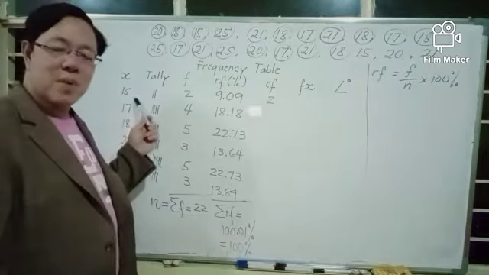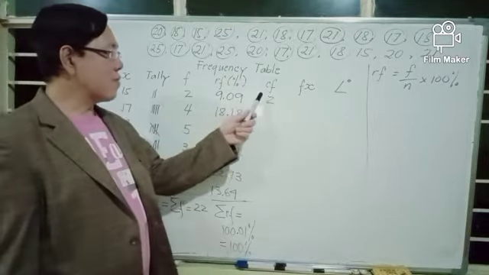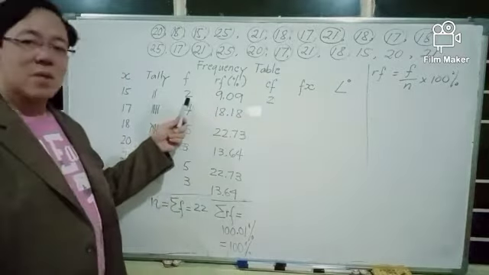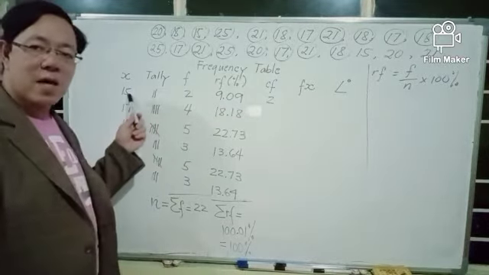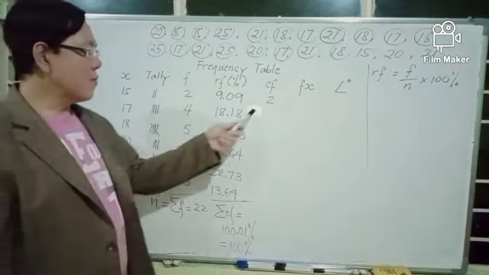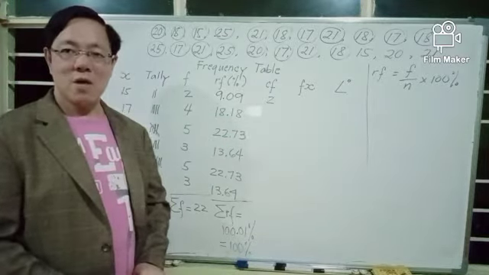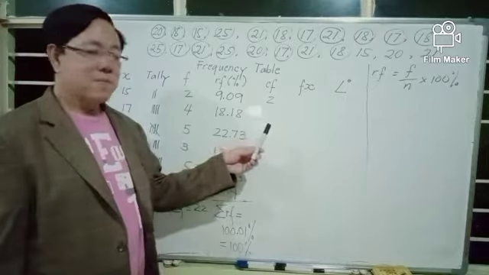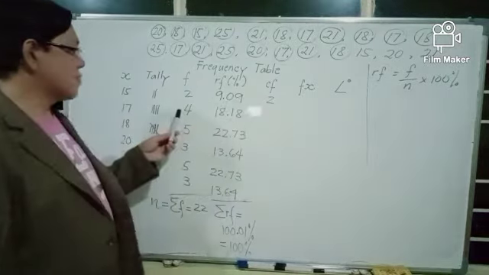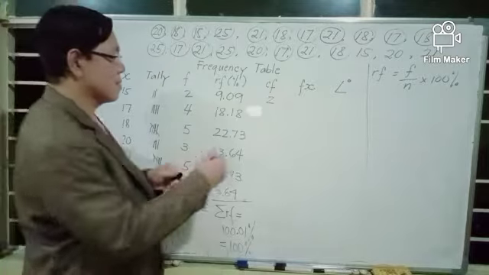Again, for the first value x, the cumulative frequency corresponds to the frequency of the first value of x, or the first score. For the other scores, we continuously add the frequencies of the scores. We have 2 plus 4 is 6.